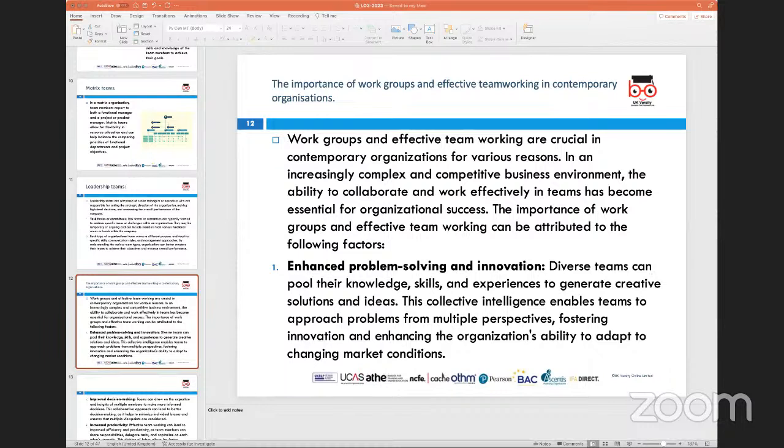You see this as a working structure even in small organizations, and the reason is that work groups tend to give lots of benefits. One example of a small work group within an organization would be, say, an organization which is into accounting and finance.